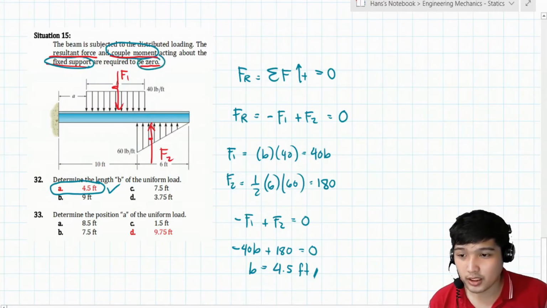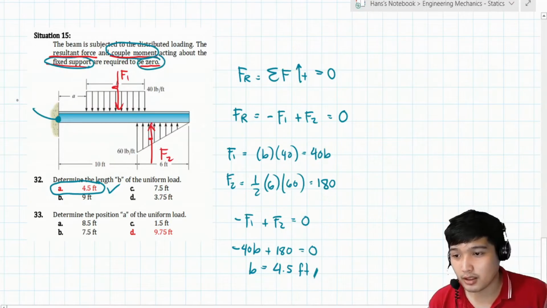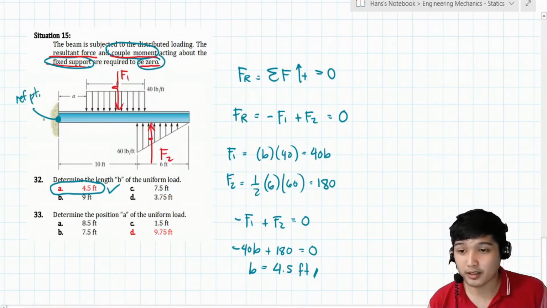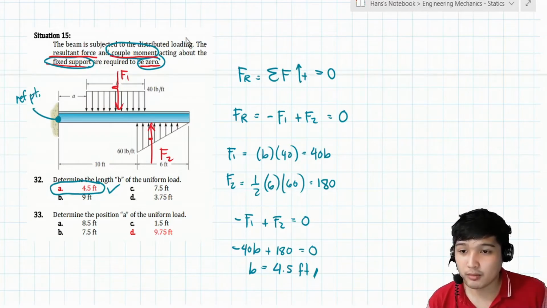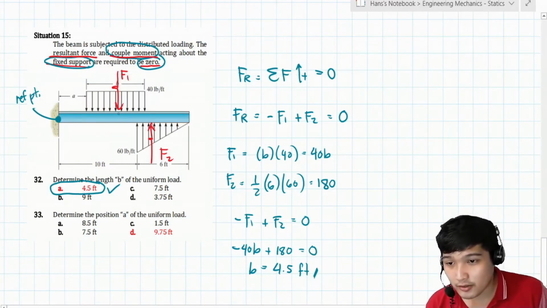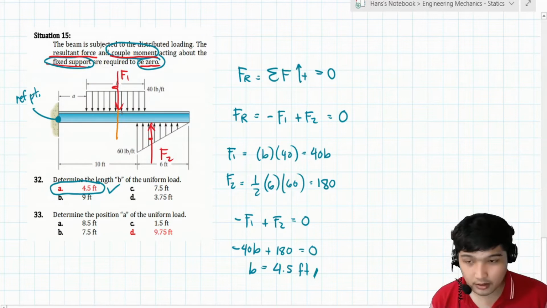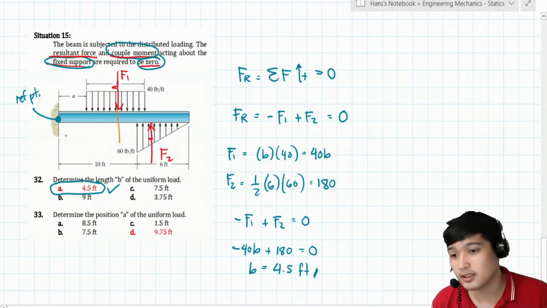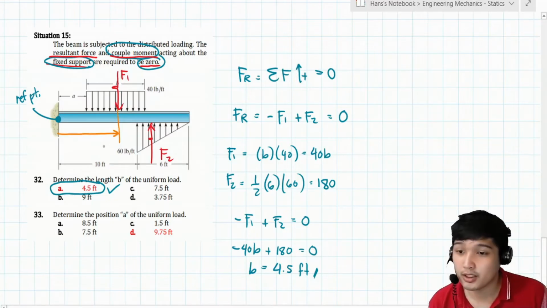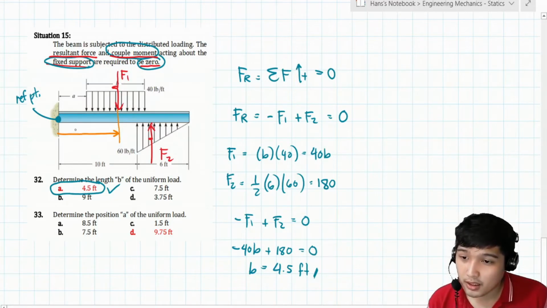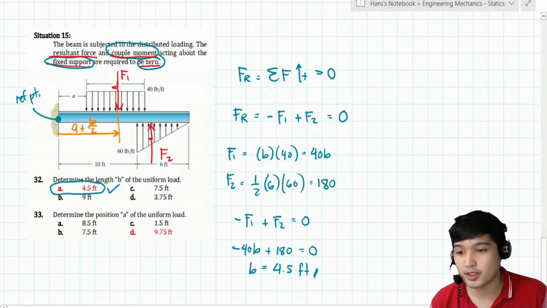So, considering itong fixed support as our reference point, so dyan tayo magmo-moment, di ba? So, define lang muna natin yung mga moment arm. So, itong F1, ito yung line of action niya. Ayan. So, measured from our reference point perpendicularly. So, this one is what? A plus kalahati nung B, di ba? A plus B over 2.